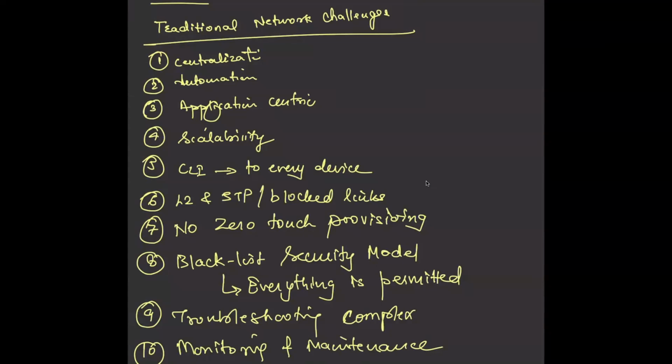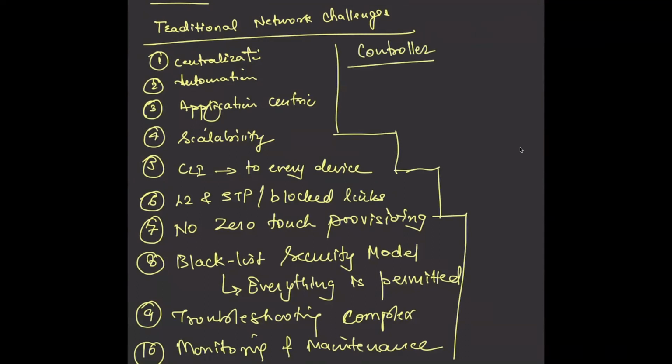So guys, ACI is a part of your SDN umbrella. SDN means software defined networking. Every software defined networking solution is gonna have one thing known as a centralized controller.